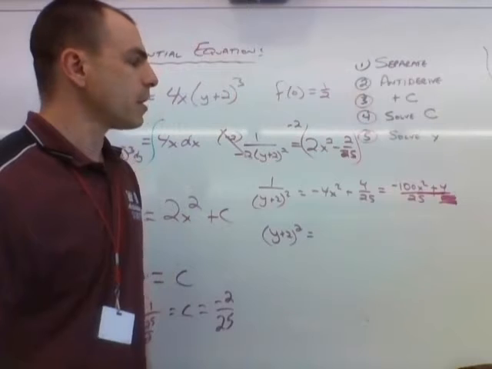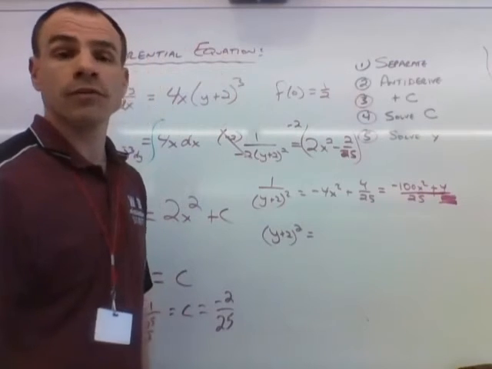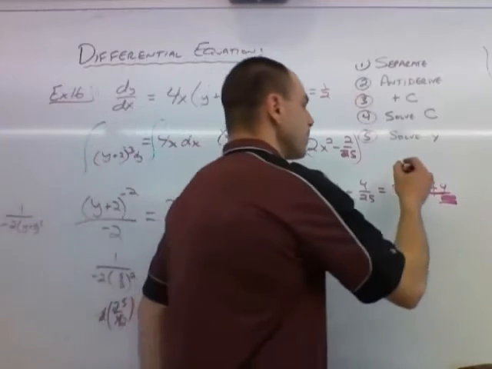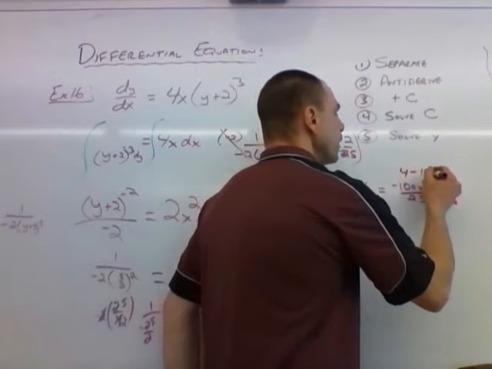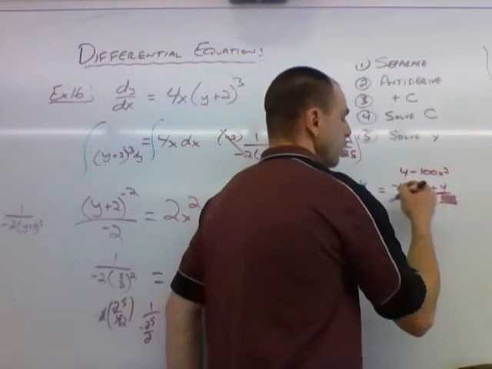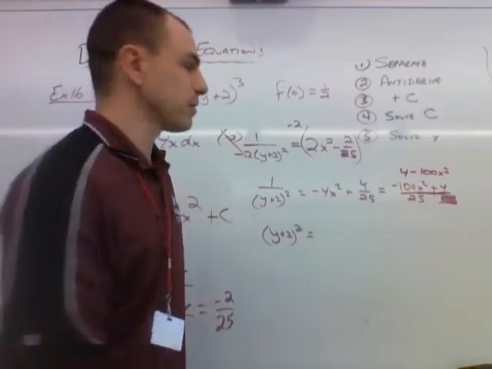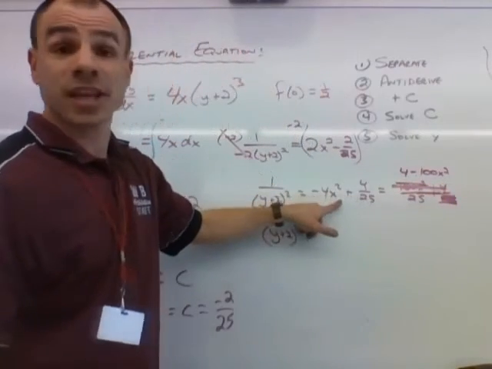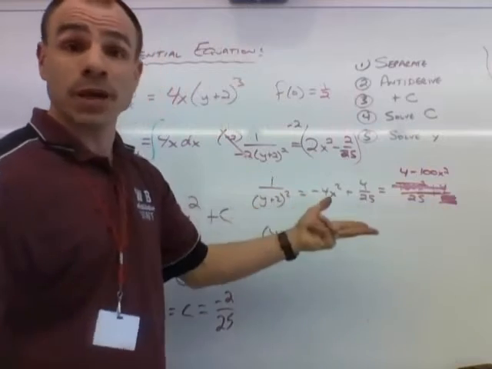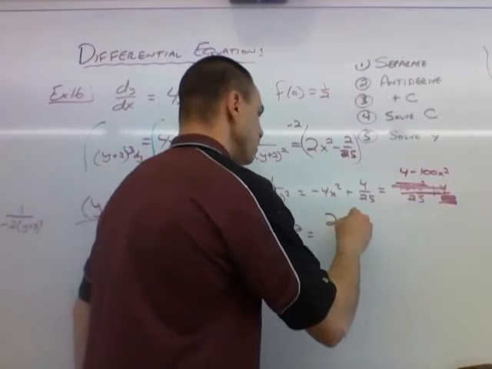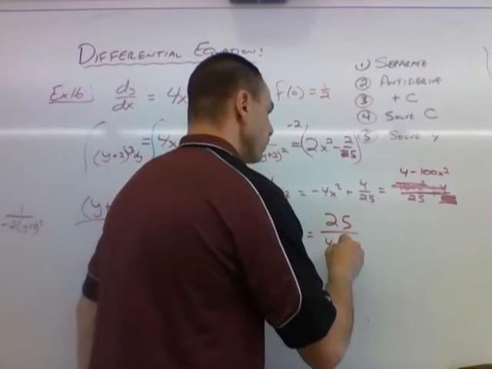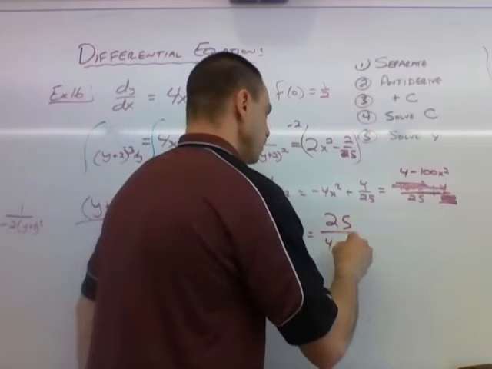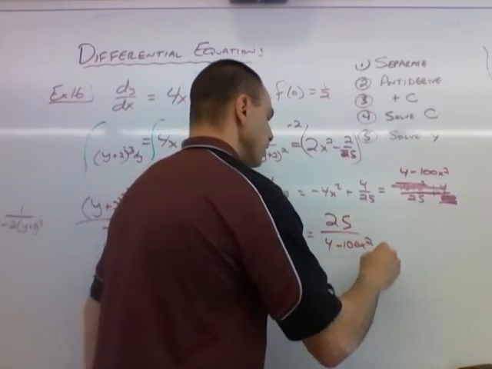So I have negative 100x squared plus 4 over 25. Or we can flip the numerators. We have 4 minus 100x squared. We're just going to alternate that so it looks a little bit nicer. So we have 4 minus 100x squared over 25. So when we flip it, it becomes a lot nicer and easier to do. It's 25 over 4 minus 100x squared.